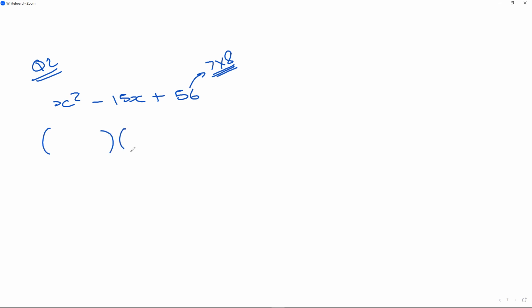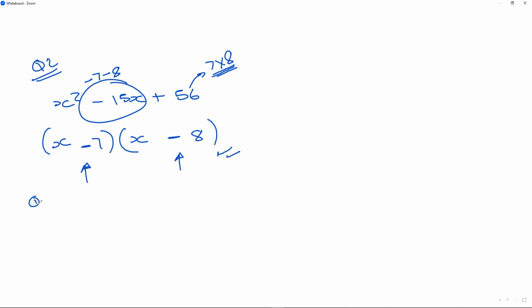And so I know I need 7 and 8 to make x and x. Now the signs over here cannot be positive because I need to get to negative 15x. So I need negative 7, negative 8 to get to that.